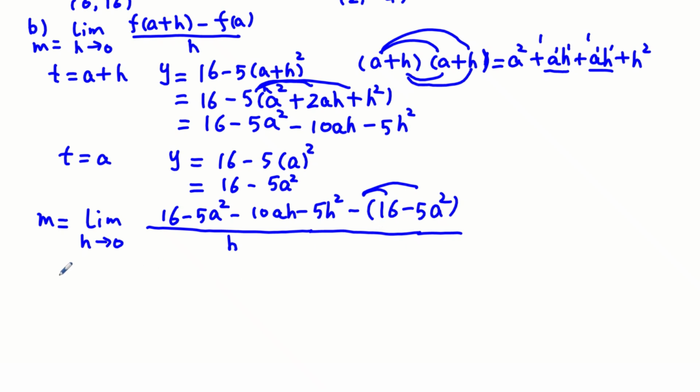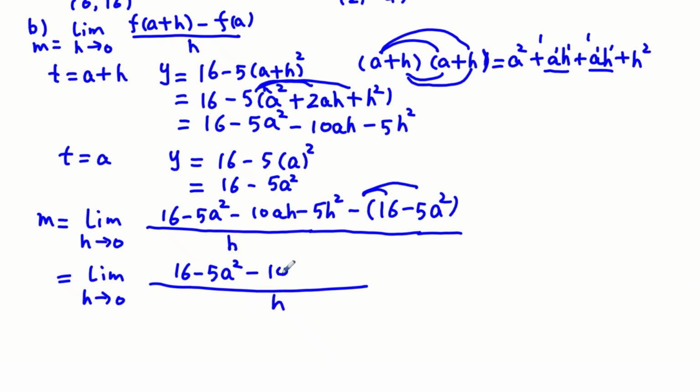So we have limiting value when h approaches 0, then 16 minus 5a squared minus 10ah minus 5h squared, then minus 16 plus 5a squared. So the signs inside the bracket both change to the opposite.